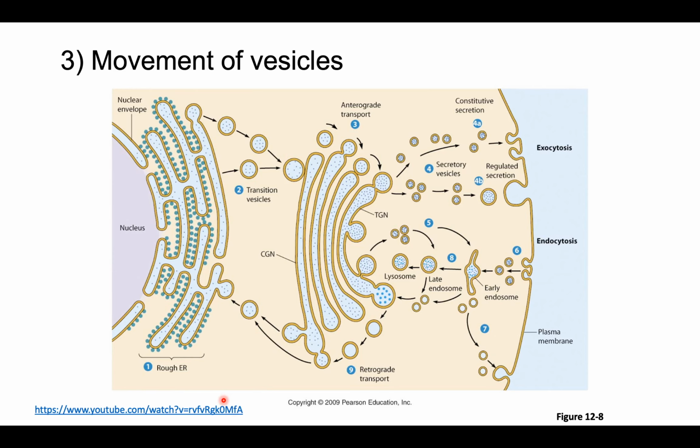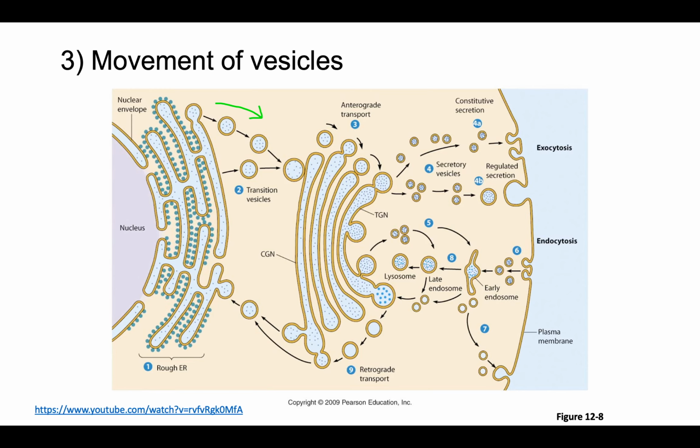Okay, so we're going to switch to a pen here. So as we're looking on the left side of the diagram, we have our nucleus, we have our ER, and if we follow the arrows at the top of the diagram going this way, we're looking at our secretory pathway.